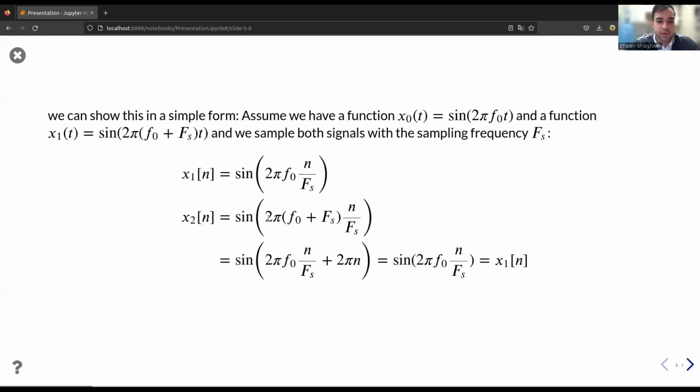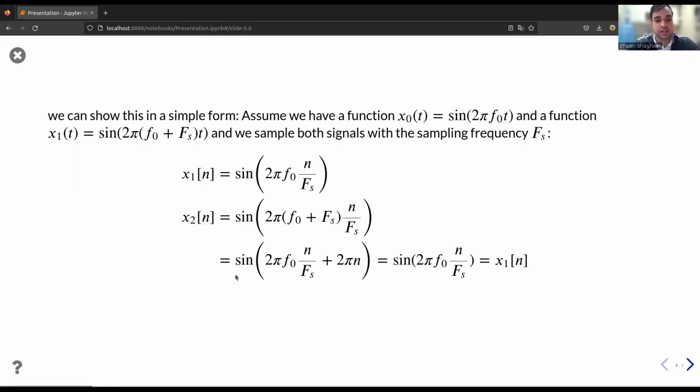So the representative for the f1 series would be sine of 2 pi (f0 plus fs) times n over fs. If we decompose the parentheses, we have 2 pi f0 n over fs plus 2 pi n.